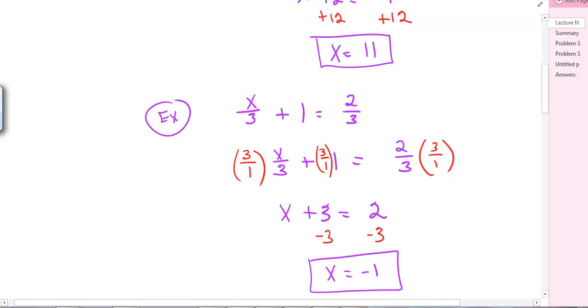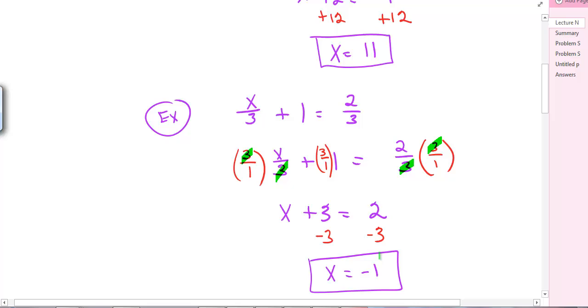So when you do that here, that 3 and that 3 cancel out. Over here, that 3 and that 3 cancel out. So here you're left with x plus 3 equals 2. That makes it much easier to look at, much easier to work with. We're going to subtract 3 from both sides, and we're left with x equals negative 1.